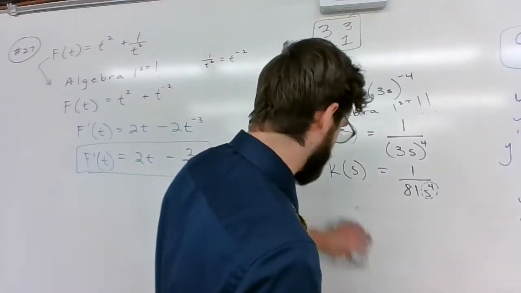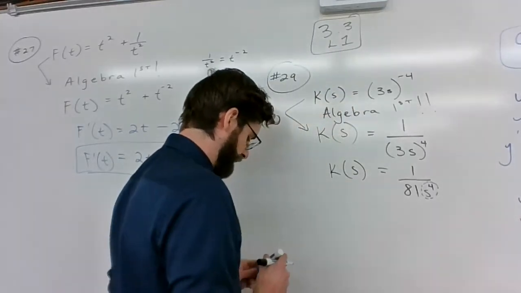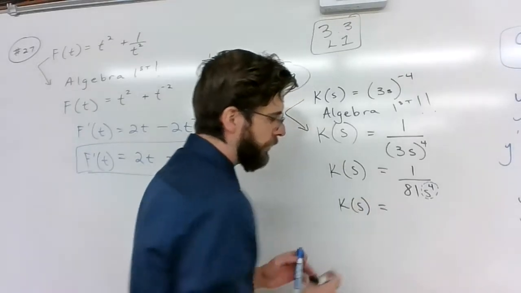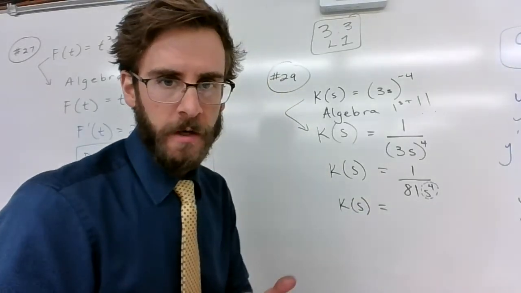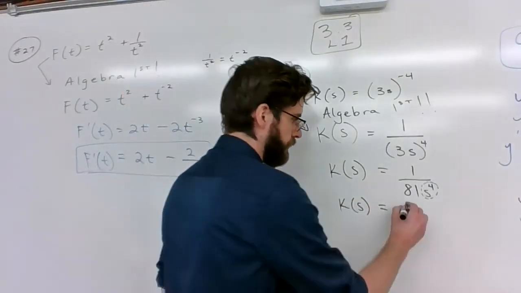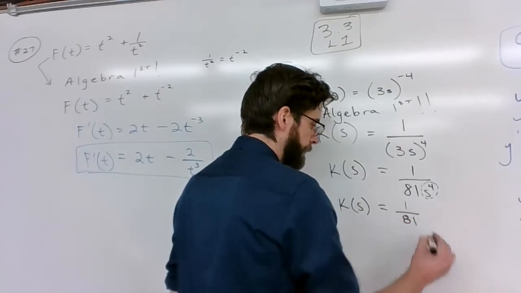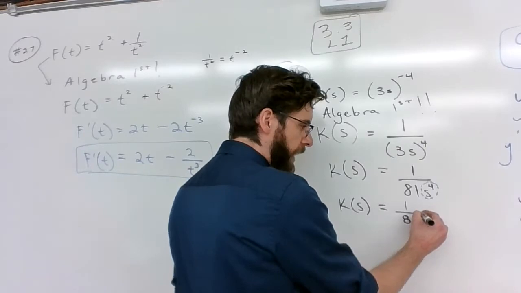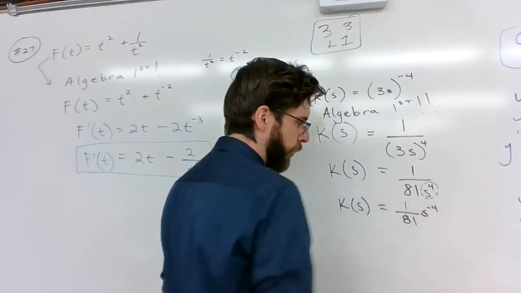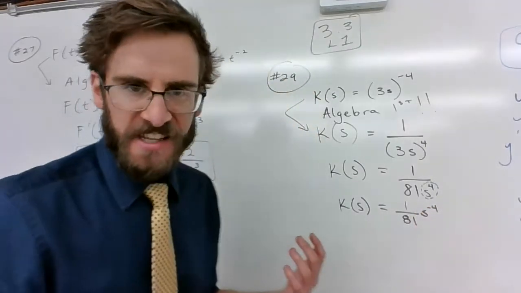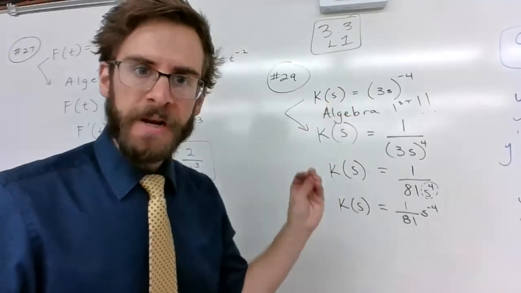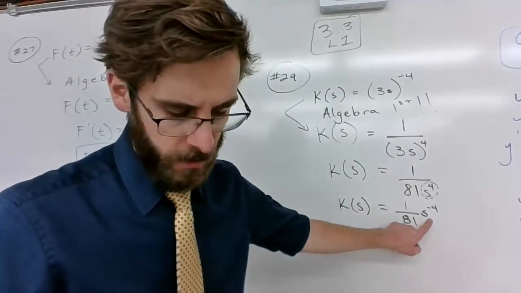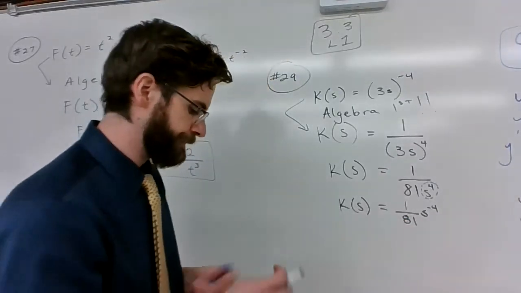Wait, I'm still not taking the derivative first. Hold on, Blue. So it's still 1 divided by 81. The 81's not going to move. But I can rewrite the s as 1 over 81 times s to the negative 4 power. Think of the s as on the top part of the fraction, but I'm looking at it as I have a coefficient times a power to a negative exponent.